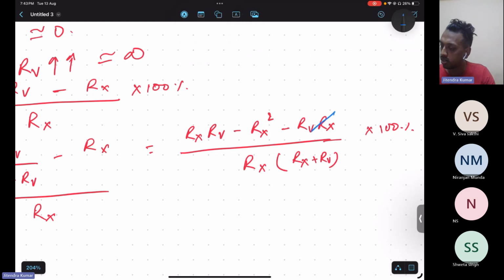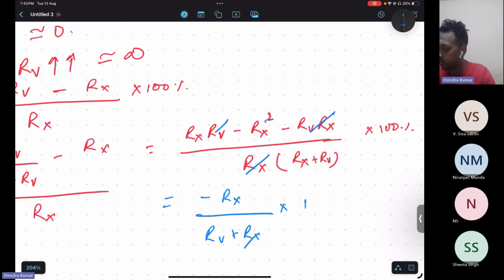So these terms will cancel out, and this also will cancel out. So we'll have minus Rx divided by RV plus Rx into 100%.